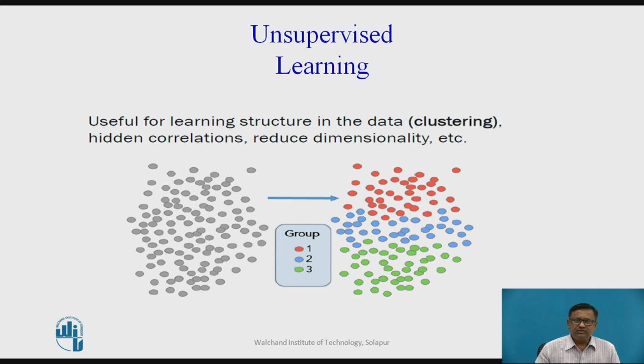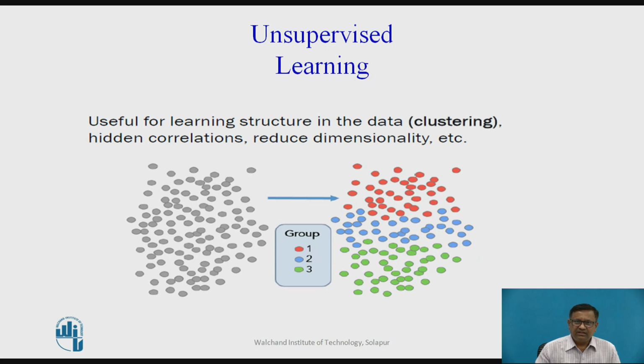Unsupervised learning is useful for learning structure in the data, which is called clustering, or studying hidden correlations, and it is also used for reducing dimensionality.